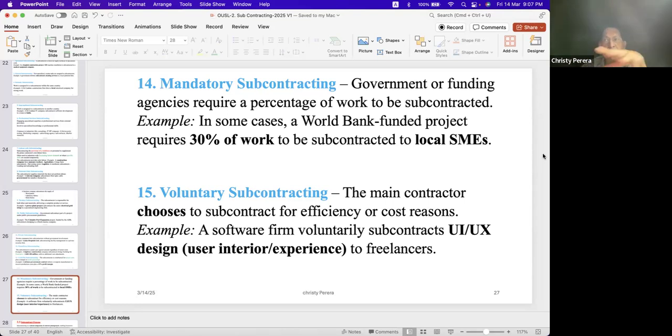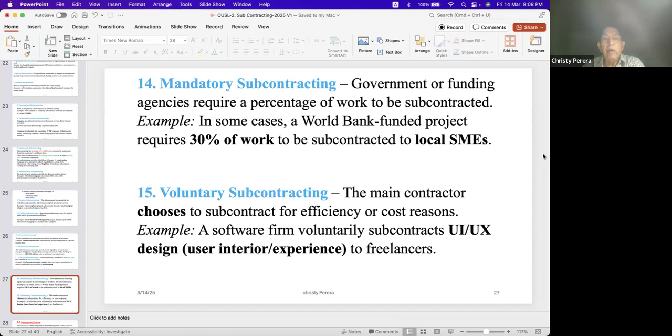In a credit agreement or project proposals, World Bank used to say for some projects, not all projects, that 30% of work, as an example, sometimes 15%, sometimes 50%, is to be subcontracted to local SMEs, small medium enterprises.